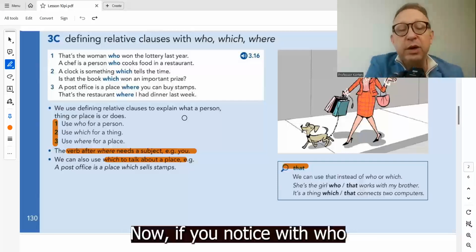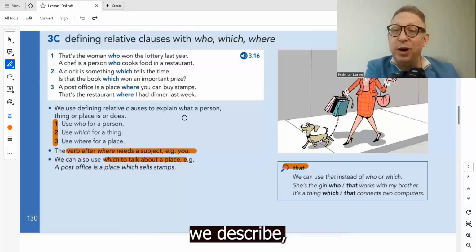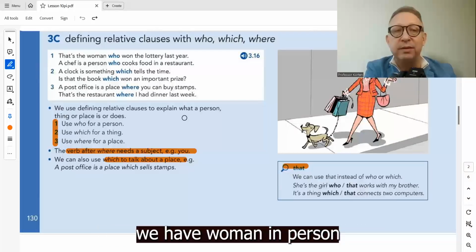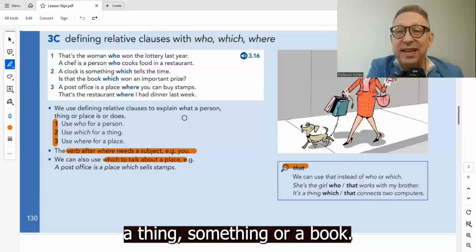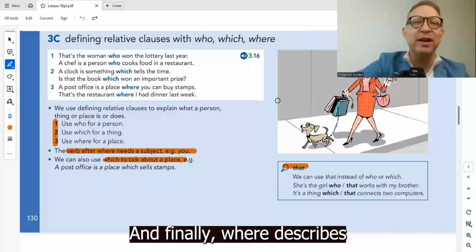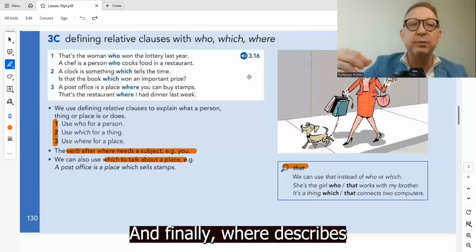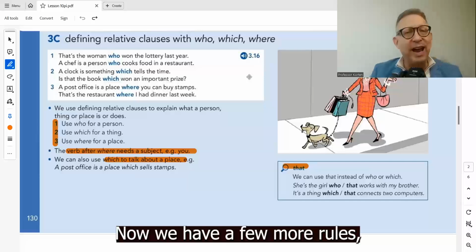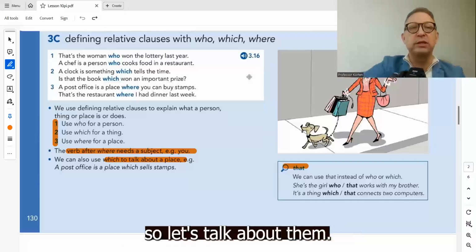All right, now if you notice, who describes people. In number 1, we have woman and person. Which describes a thing, something, or a book. And finally, where describes the post office and the restaurant. Now we have a few more rules, so let's talk about them.